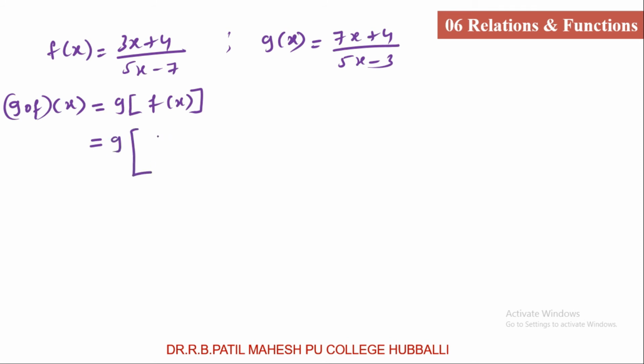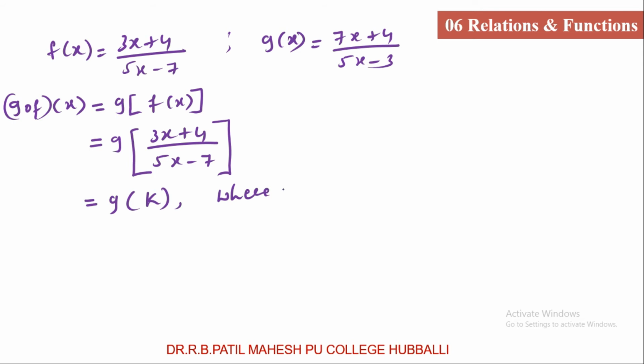What is f of x? 3x plus 4 upon 5x minus 7. Dear students, I am replacing f of x. In the next step, g of k I will write, as in the previous example I solved, k I will take, where k is a function 3x plus 4 upon 5x minus 7, just for understanding purpose.